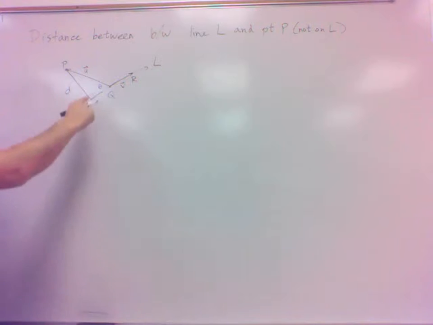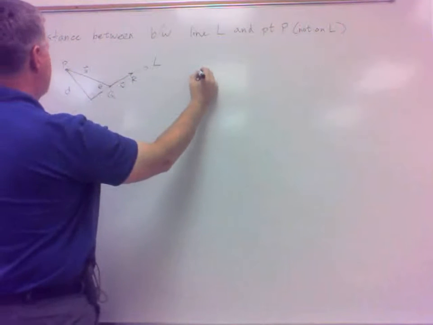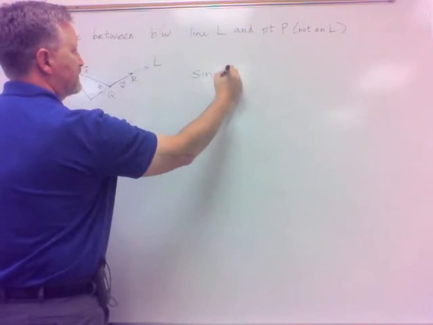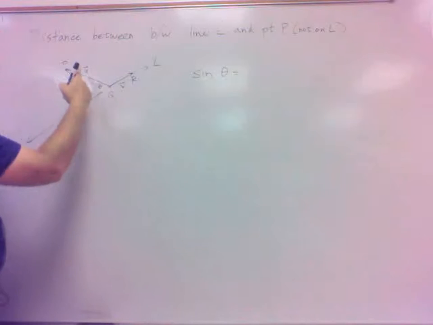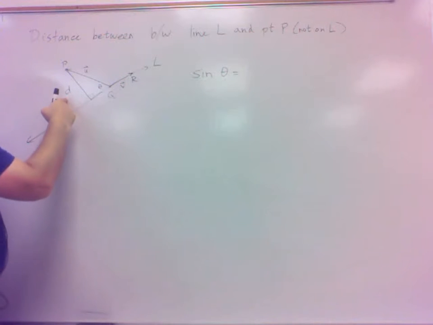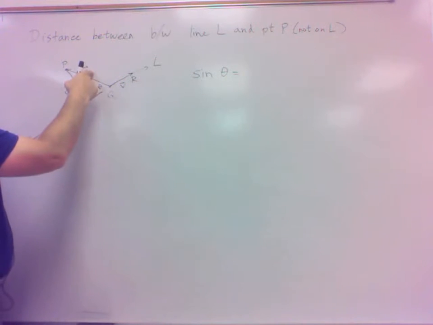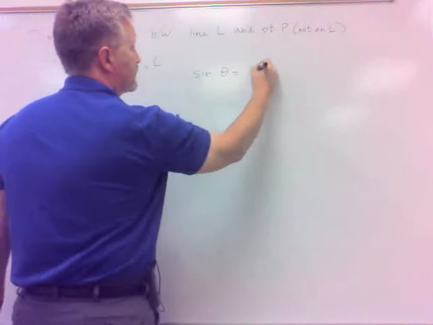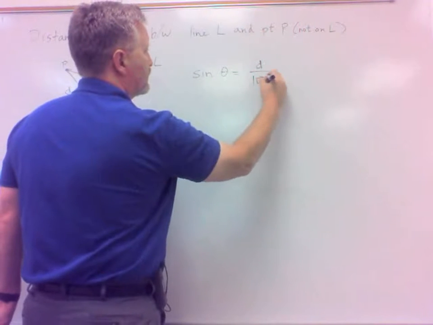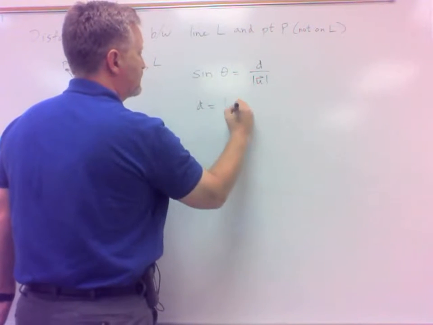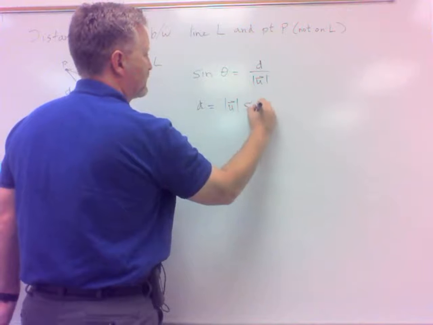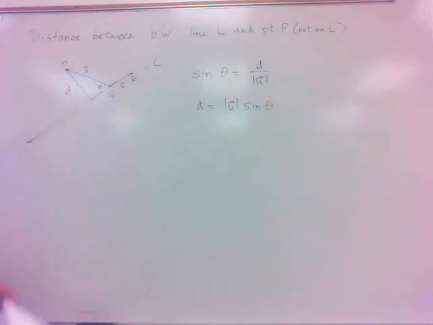Well, isn't the sine of theta equal to D divided by the magnitude of the U vector? Which means that D is the magnitude of the U vector times the sine of theta. Opposite over hypotenuse is what we did there.